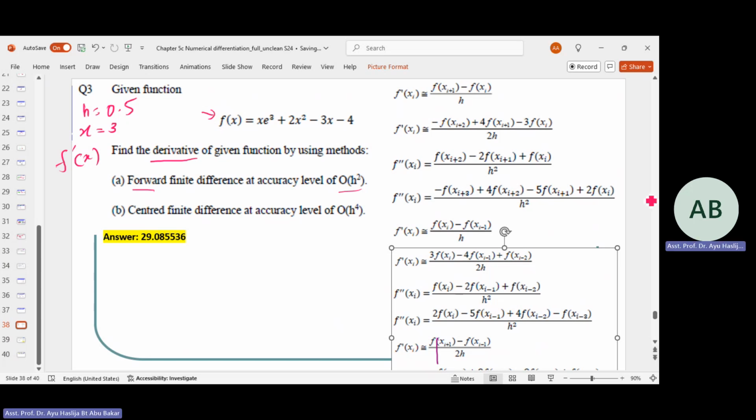First derivative, f prime. This one is the second derivative, f double prime. You should know the difference. Now, this one involves xi plus 1, so it is forward, level 1. Simple.